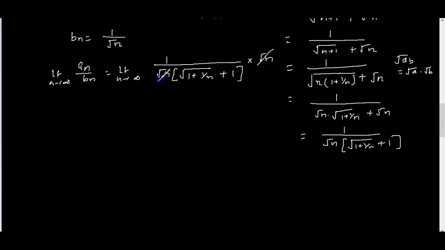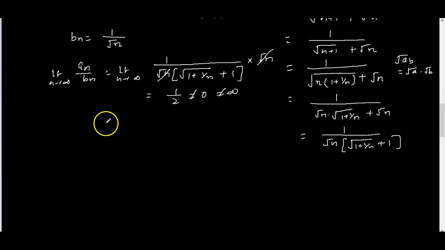Root n gets cancelled. So if we substitute infinity, 1 by infinity is 0, so this is 1 plus 0 is 1, and plus 1 becomes 2. So 1 by 2, which is not 0, not infinity.